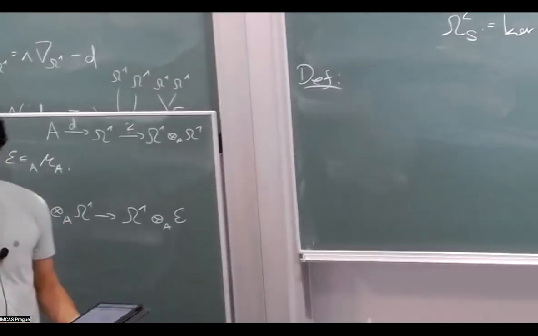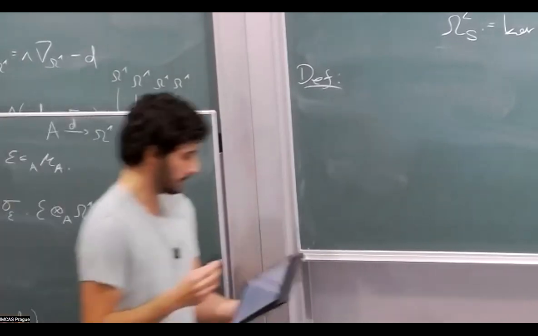Okay, and now the idea is if we are given a connection that goes from omega 1 to omega 1 tensor omega 1, we can define the second jet space.